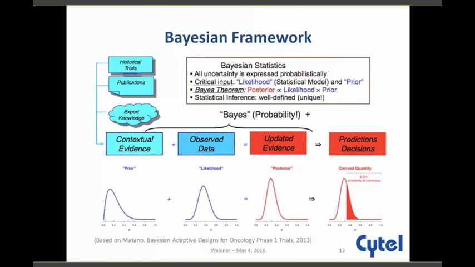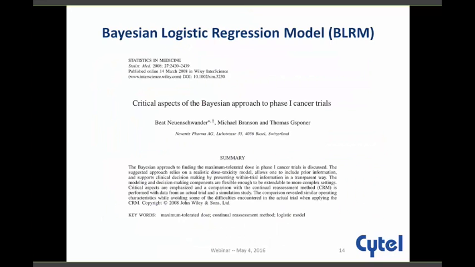So the particular method that I'm going to be focusing on today on the single agent methods is the Bayesian logistic regression model, or the BLRM, which is a result of research conducted by a group of biostatisticians at Novartis headed by Beat Neuenschwander.